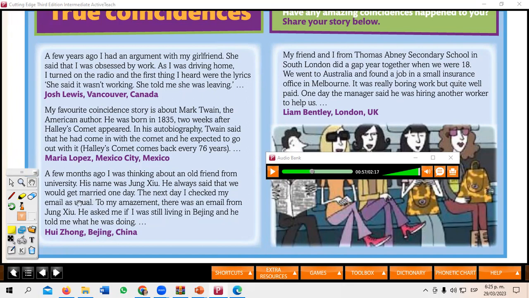So she checked her emails, and it was an email from her friend Chung Soo. So what do you think will happen? She accepts a date and later they get married. They got married? Yeah, probably. They went out for a date and started a relationship.